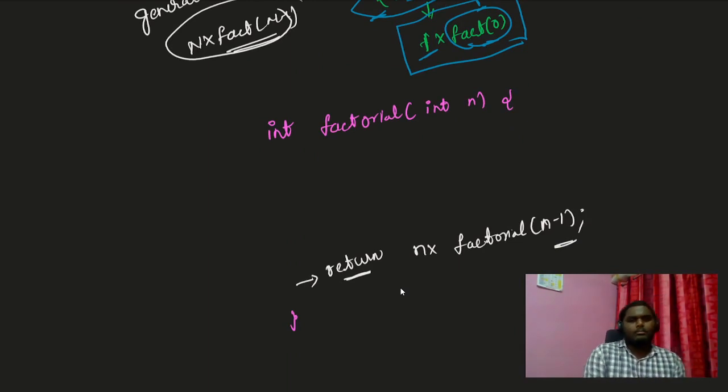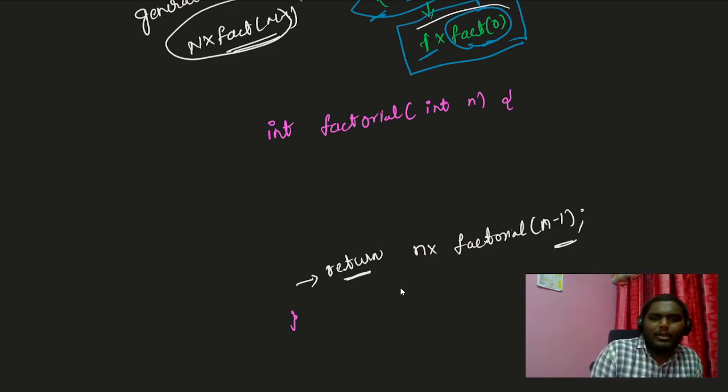Now as I said, you will have one base condition. If you don't have any base condition or stopping condition, it will get into infinite recursion. After some time your stack will overflow. We'll come to what that stack is. It will overflow and you will end up with an error. So what is your base condition?